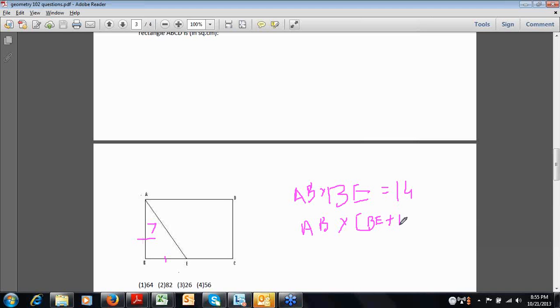It has been given that BE and EC are in the ratio 1:3, so it is nothing but 4 into AB into BE, that is the area of the rectangle ABCD.